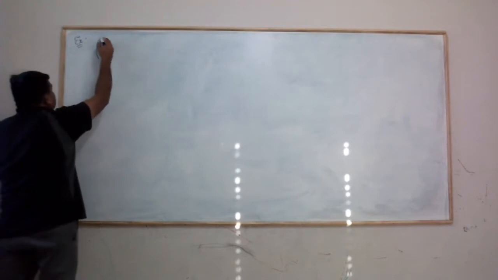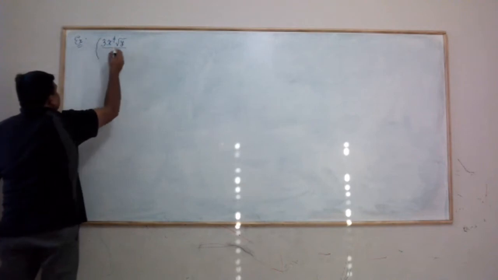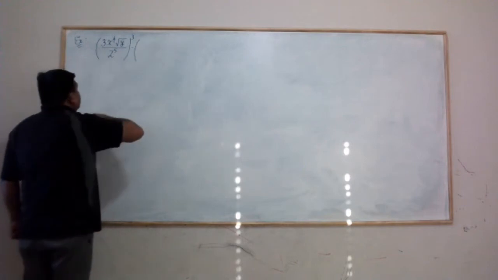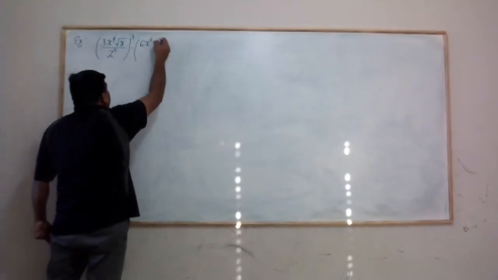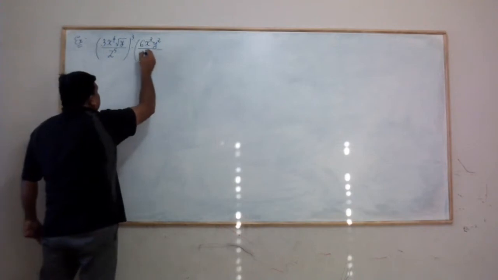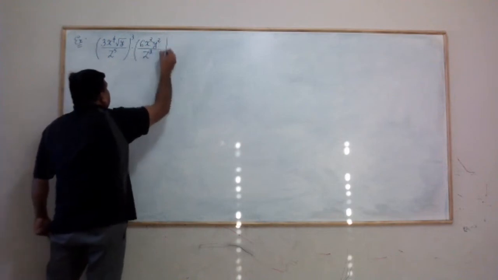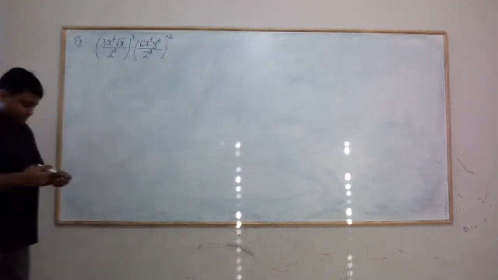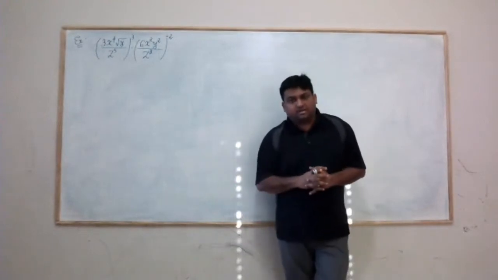Suppose I give you this mathematical expression: (3x^4 square root of y divided by z^5) entire thing to the power 3, multiplied by (6x^2 y^2 divided by z^3) entire thing raised to the power 2, raised to the power negative 2. Suppose we would like to simplify this expression involving exponents and radicals.